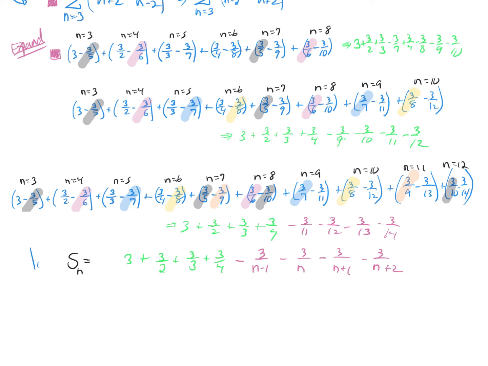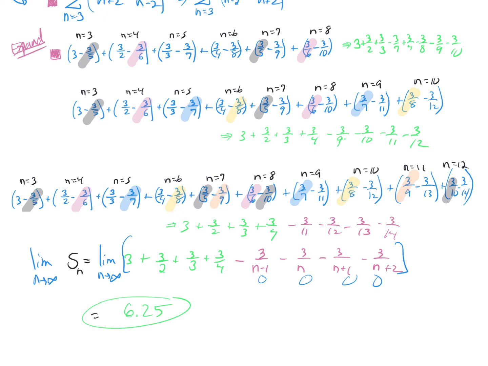And if we take the limit as n approaches infinity of both sides, these terms go to 0. So the limit of our series, it converges to the green parts, which is 3, 4.5, 5.5, 6.25.